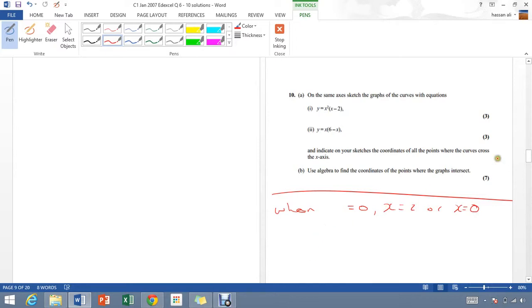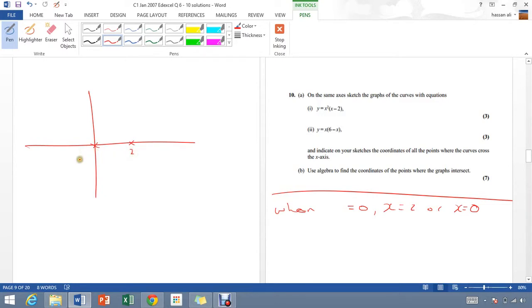Okay, so if you want to sketch this out, let's do over here. You'll have your points here, because when y is 0, x is 0. Also when y is 0, x will equal 2, so let's say roughly that is 2. Put your point in.